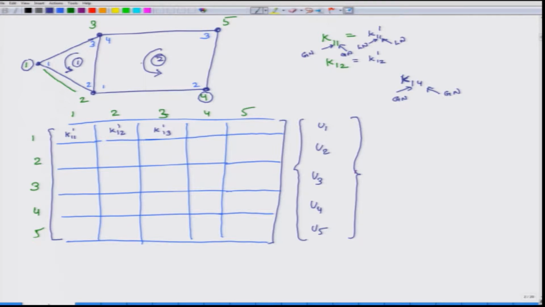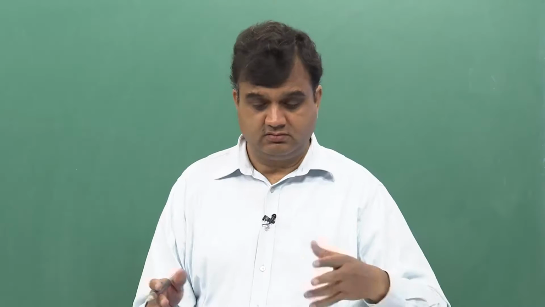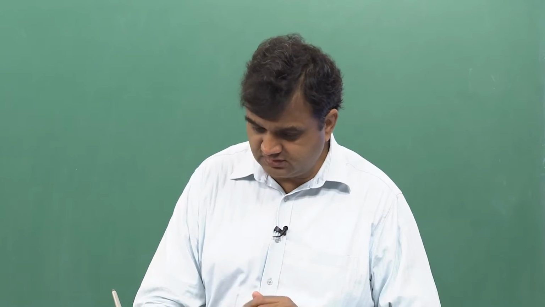They are separated by these elements, right? So, they are not physically connected. So, this term will be 0. Okay. If there are two nodes belonging to two different elements, then they are not physically connected. Then the stiffness for them will be 0, cross stiffness.